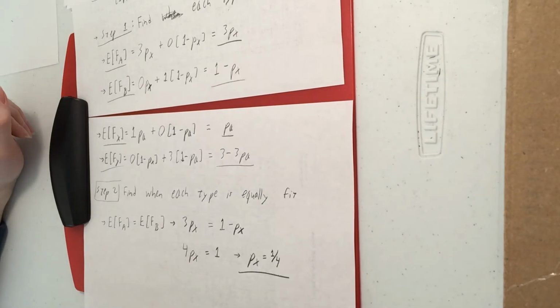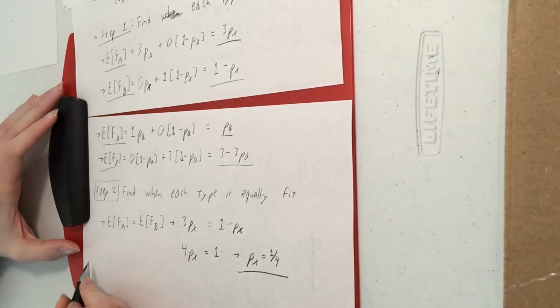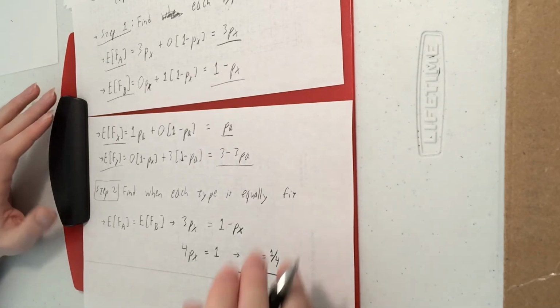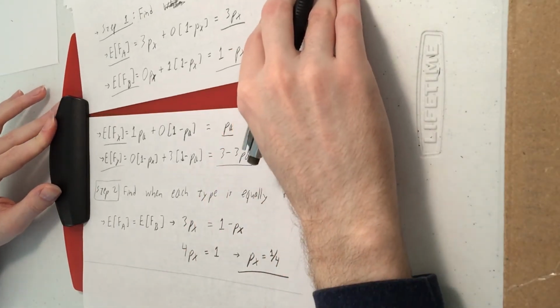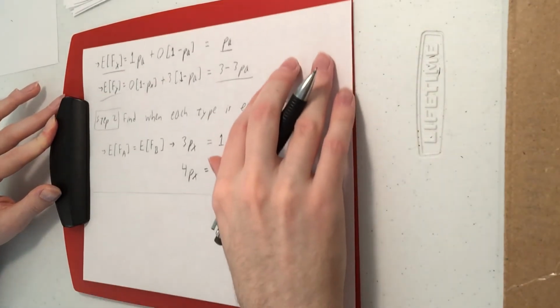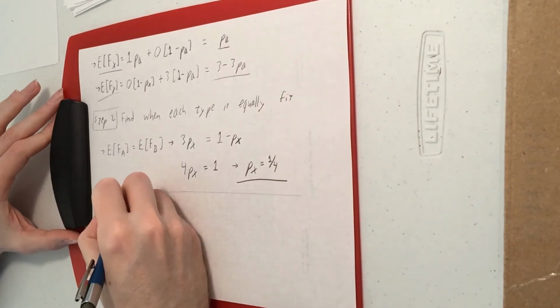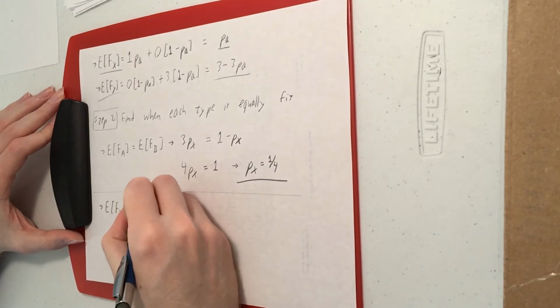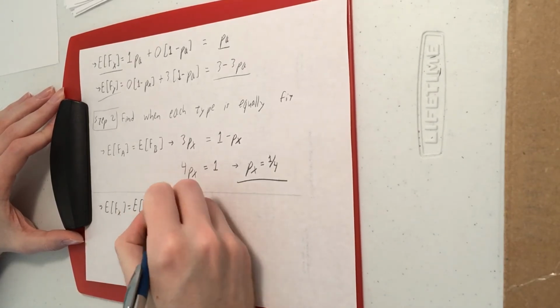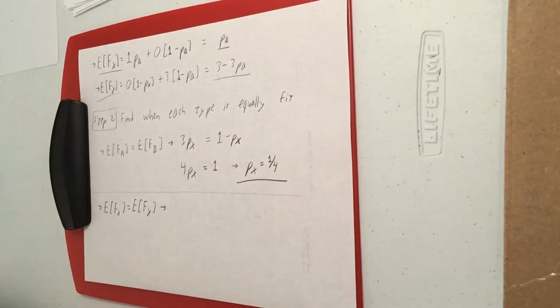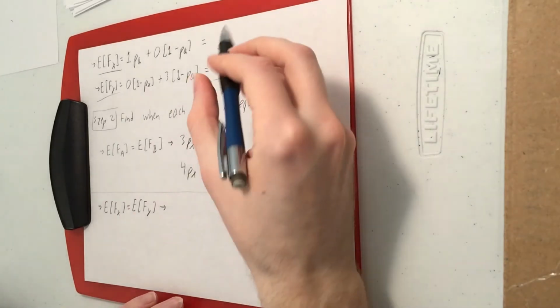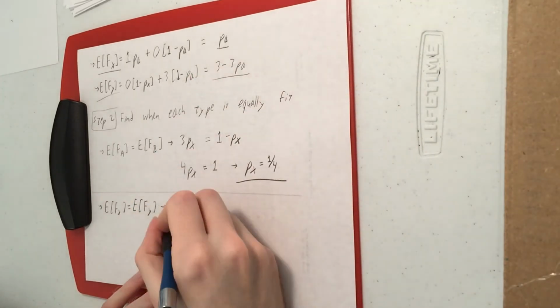So now we're going to do the same thing for the X and Y types. We have to find where the X and Y types are equally fit. So we said that the X types have fitness of PA.